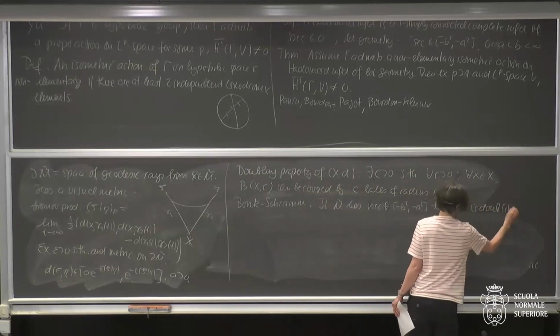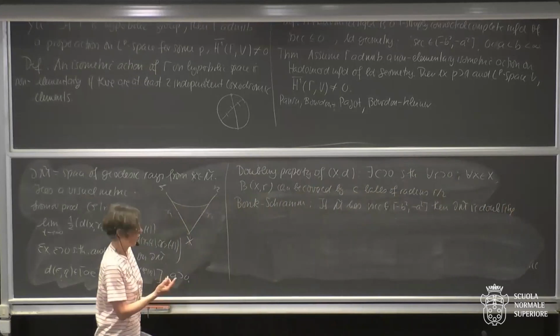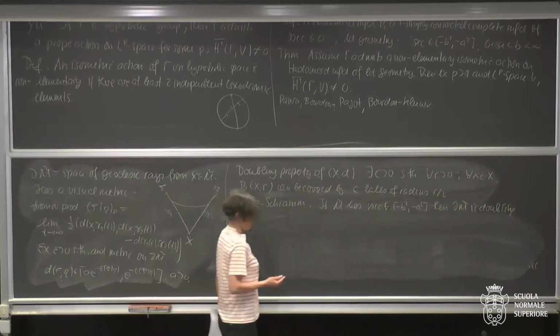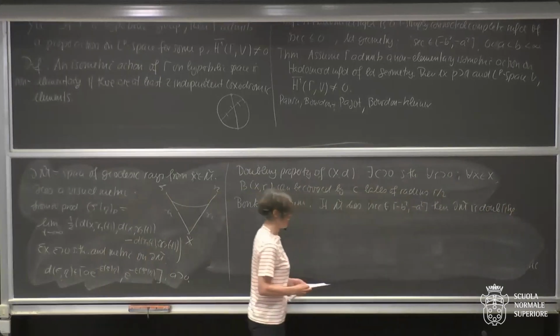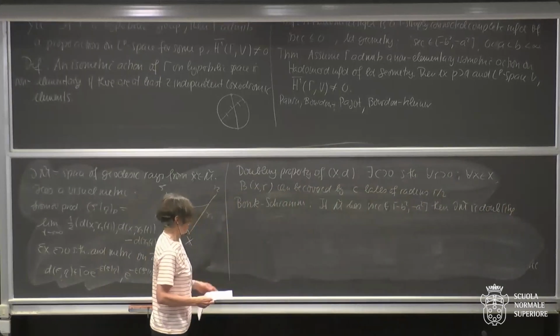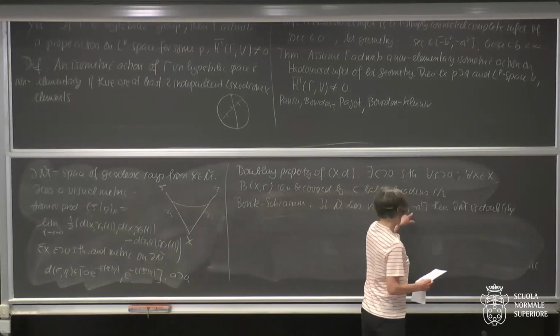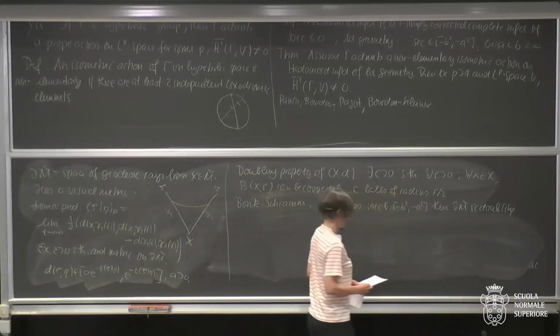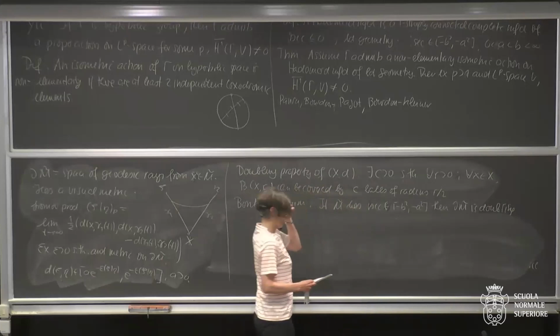The boundary with respect to the visual metric. And if you take one visual metric for one point, then it's also true for the visual metric of any other point. So you just pick a point, and then you ask yourself, is this boundary doubling? And Bonk and Schramm showed yes, it is true, provided that you have this curvature control. So you cannot expect too much. If the curvature goes to infinity, you are definitely in trouble.